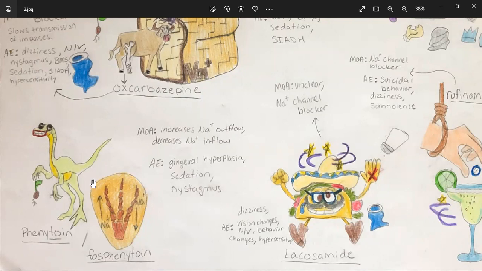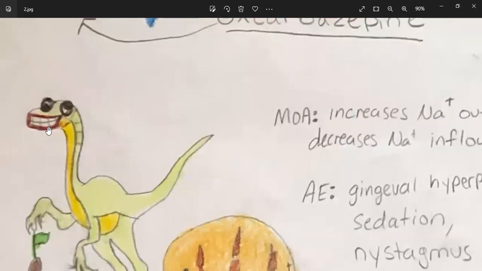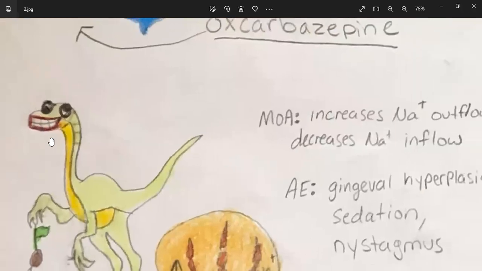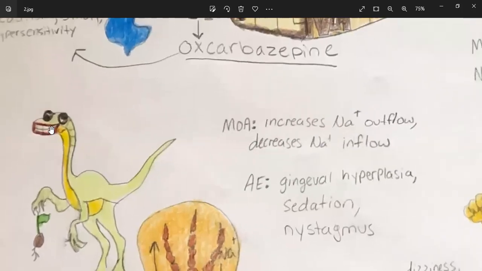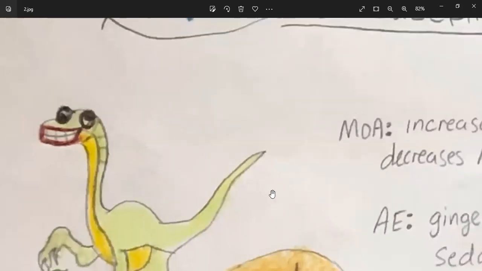Sorry, I said that wrong: increasing outflow, decreasing inflow. And then adverse effects are gingival hyperplasia. This dinosaur has a really big smile, big grin, gingival hyperplasia, sedation, and then nystagmus, little wonky eyes here.